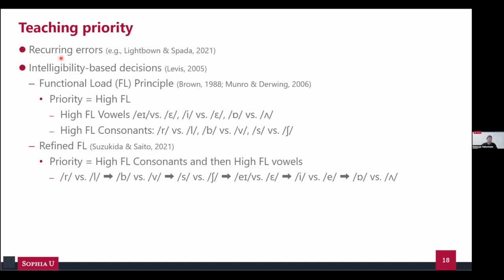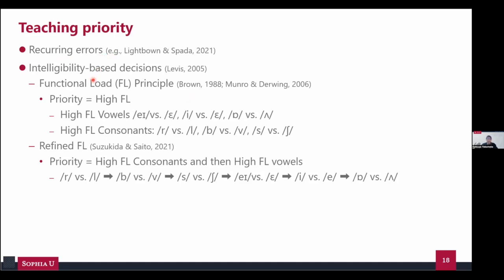The basic decision making is recurring errors, right? When your students make the same mistake again and again, you just focus on those recurring errors. That's reasonable. As a teacher, we want to focus on those errors that the students make repeatedly. That's what we do, actually.